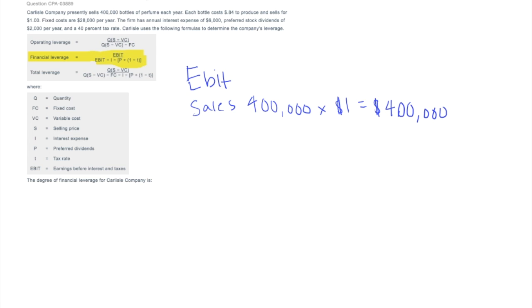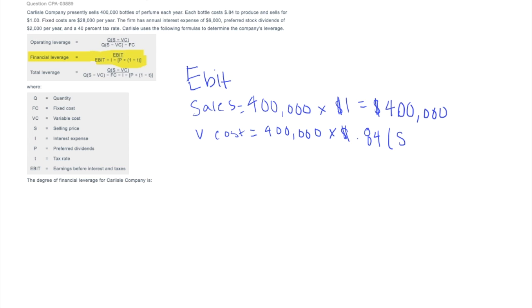and then we have our variable cost. And what was that? Well, it says in the problem that each perfume bottle cost 84 cents. So we have our 400,000 bottles times how much each of them cost, and that was 84 cents.